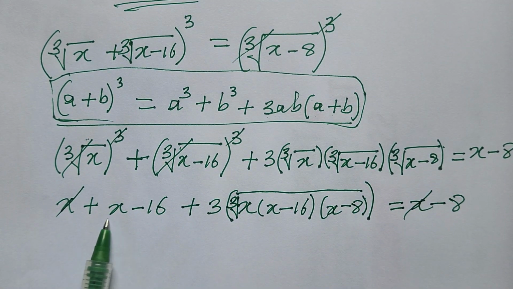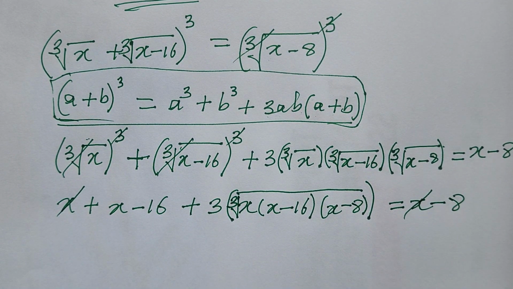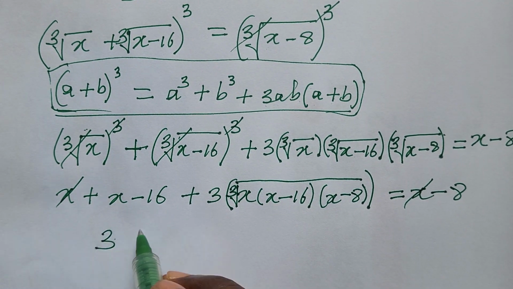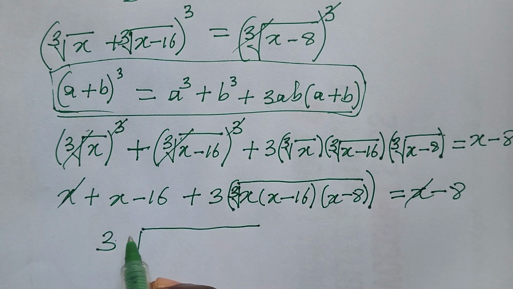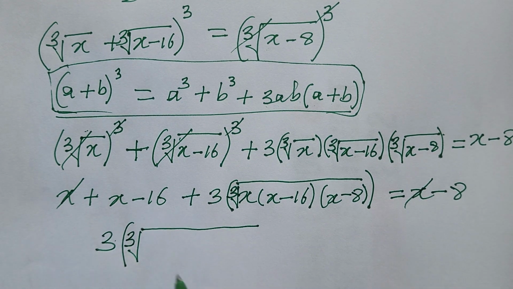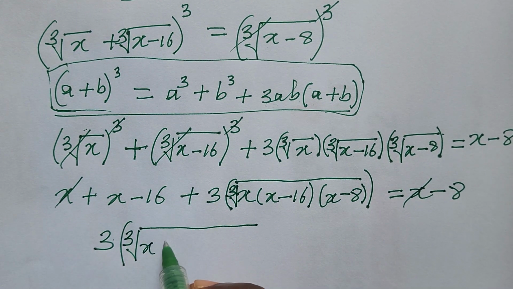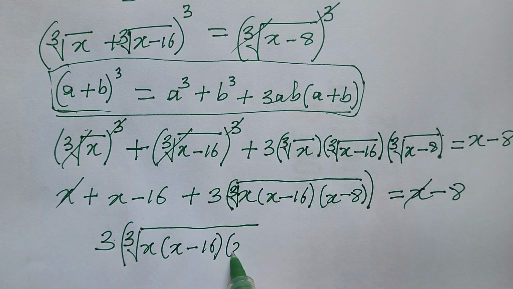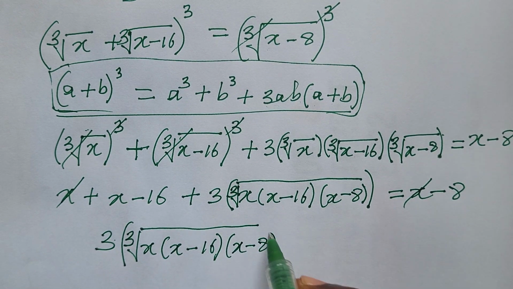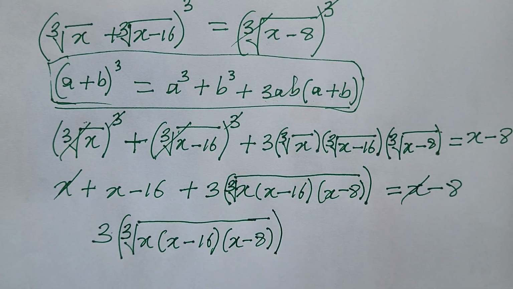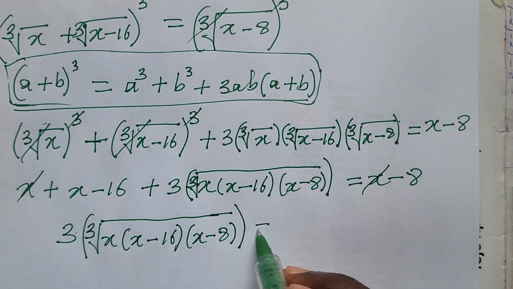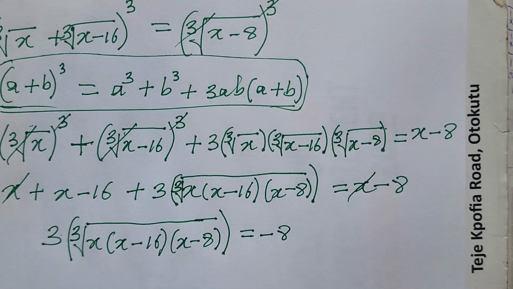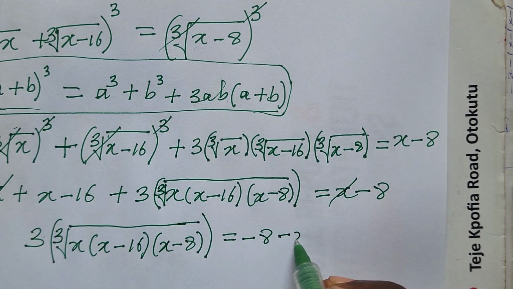So we can now move everything here to this other side, the remaining quantity. So we have here our 3, put this in bracket, the cube root of x, bracket x minus 16, close bracket, x minus 8, close bracket. This is equal to minus 8. This comes to this side, turns to minus x.